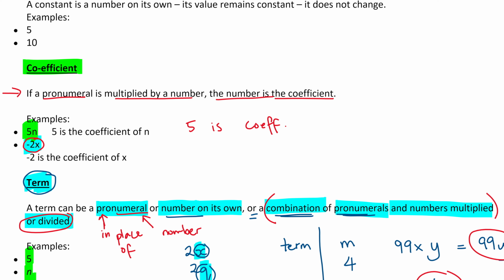What number is x being multiplied by? You gotta be careful here. You need to look at the sign in front of the 2 as well. So the coefficient of x is negative 2.